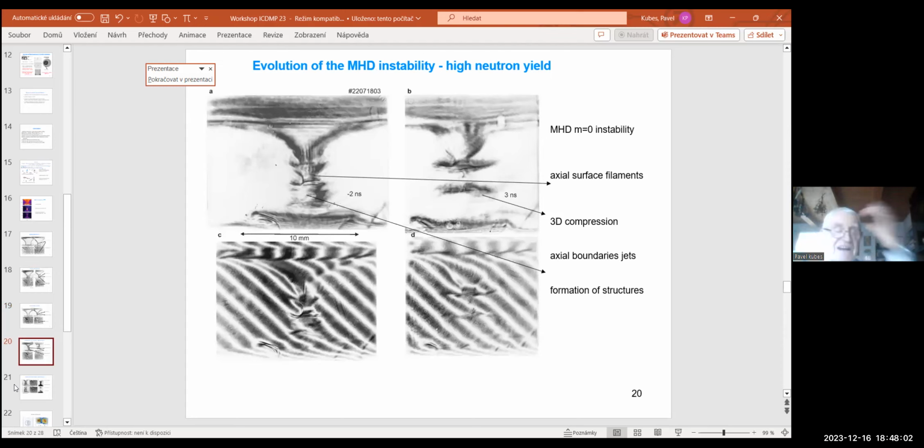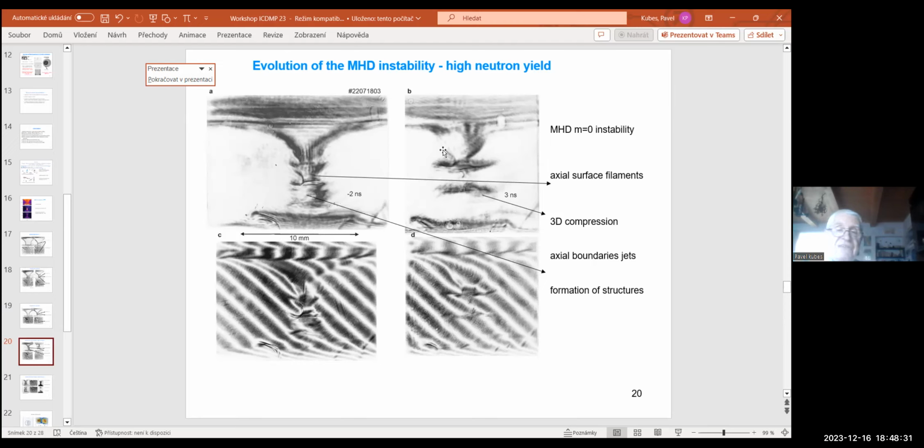The later phase we see in this slide at high neutron yield, we see formation of the structures with usually filamentary structure in the boundary, with ejection in the radial direction, and it is at the same time.